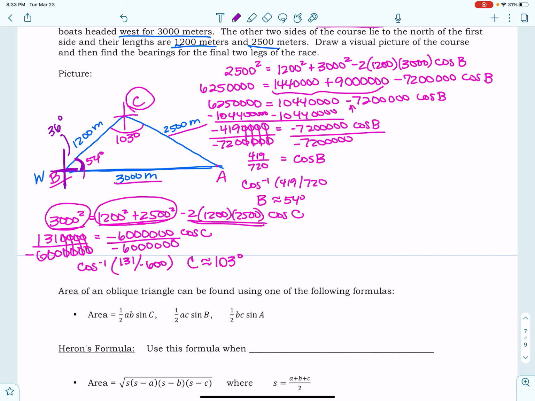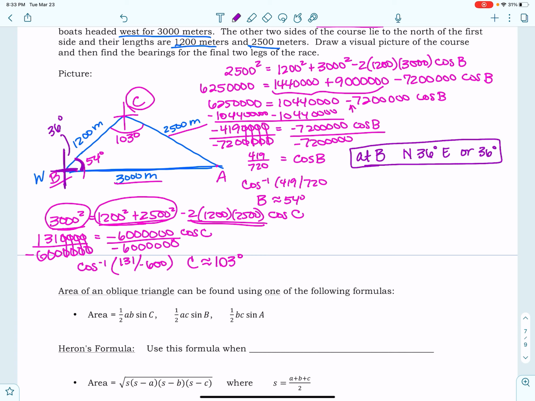So your bearing at B, you can write it one of two ways. You can write it as north 36 degrees in the east direction, or you can just write it as 36 because it starts north. So that is our first bearing.